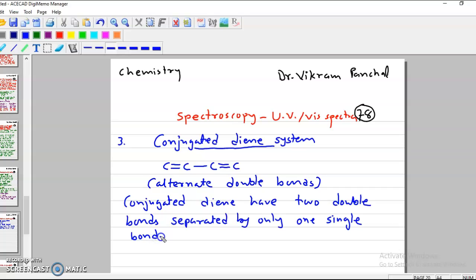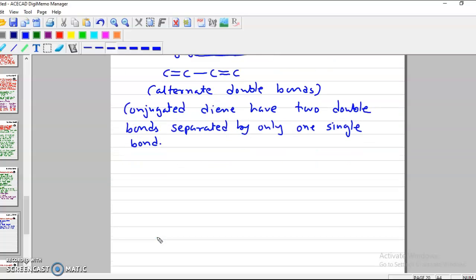This system is very important for us, because normally we are going to study conjugated diene systems. That means there should be at least 2 alternate pi bonds. So this system is most important for calculation of lambda maxima. Normally we will get numericals based on the conjugated diene system.